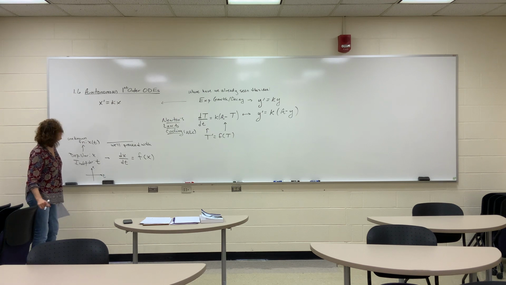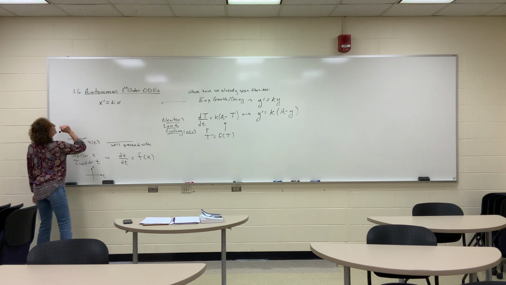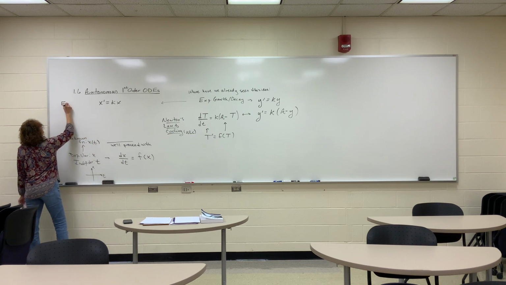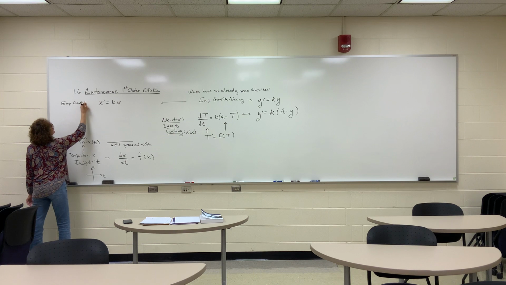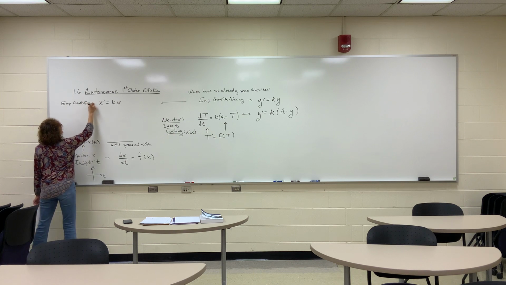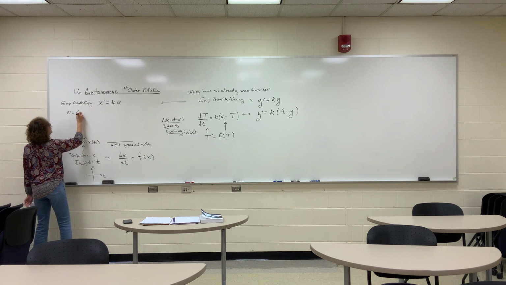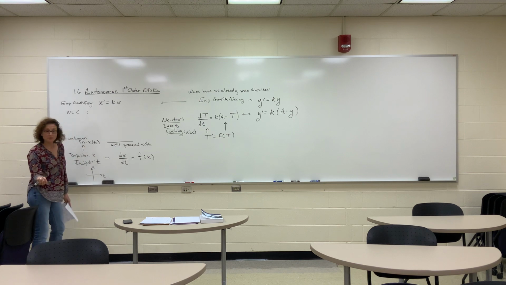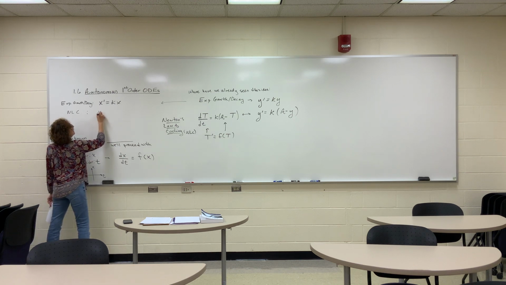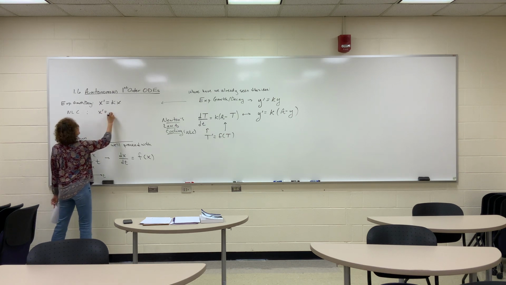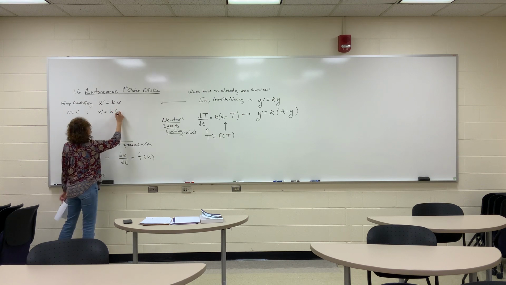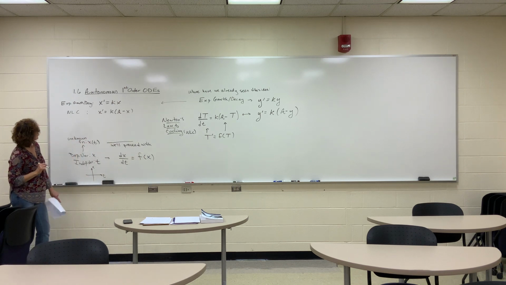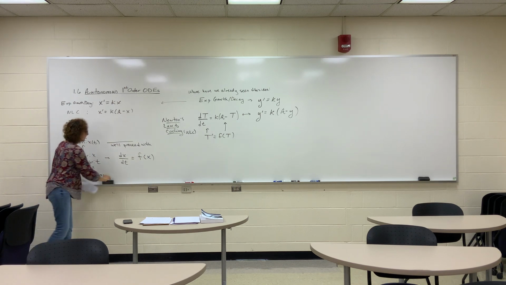So this is exponential growth or decay. And Newton's law of cooling, written in terms of x, would be x prime equals k times (a minus x). X is the dependent variable.